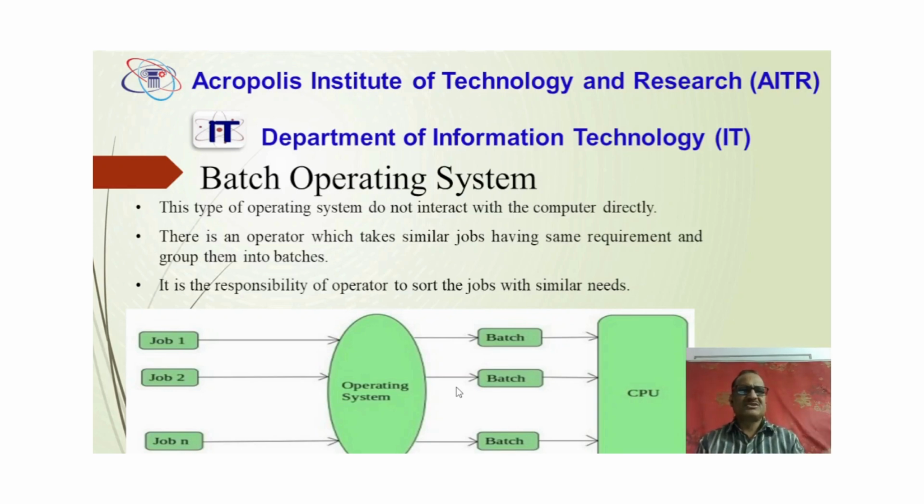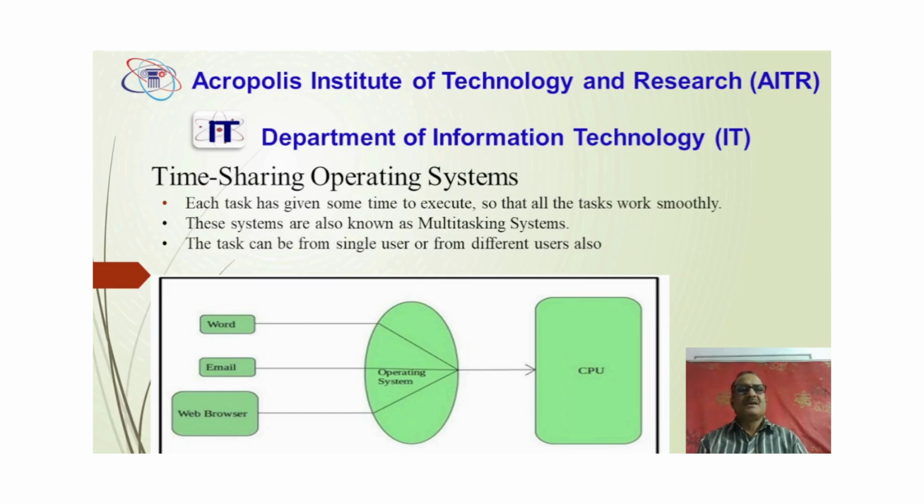There are so many processes which are divided into jobs, and those jobs having some requirements are grouped into batches. Similar types of jobs are kept in batches, and it is the responsibility of the operator to sort the jobs with similar needs, and then these batches go one by one to the CPU.